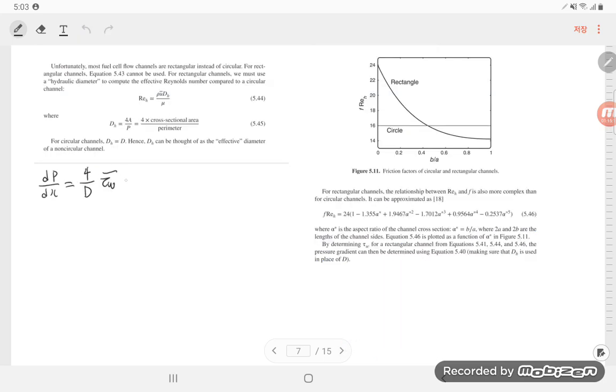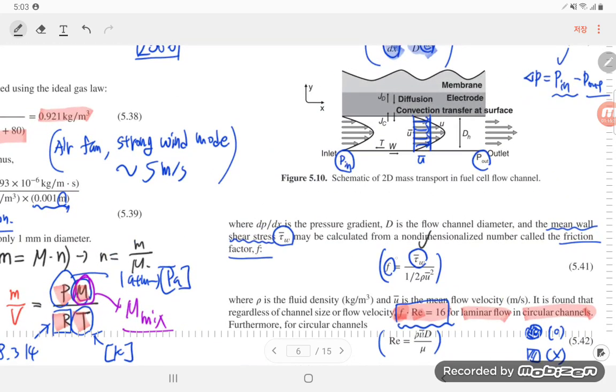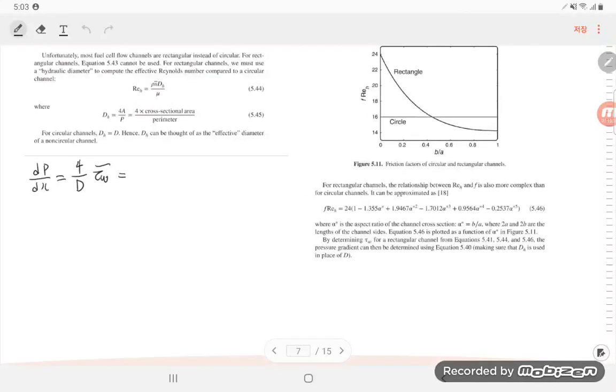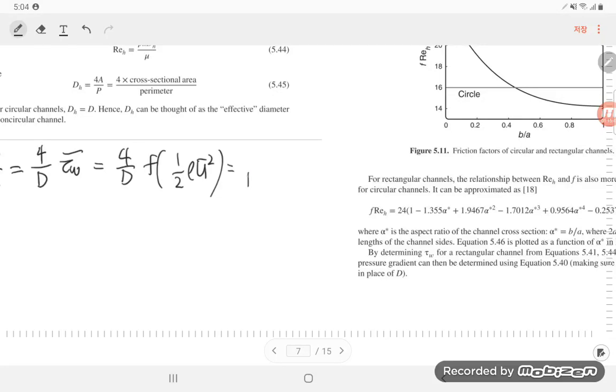And the second equation is tau expressed with the friction factor: F rho u bar squared. This is the second term, and finally we already know about the Reynolds number. So we multiply the Reynolds number in the numerator and denominator.